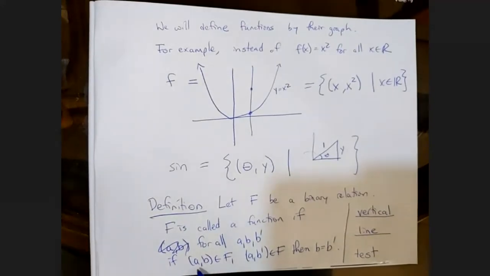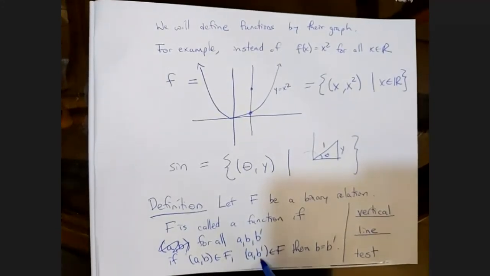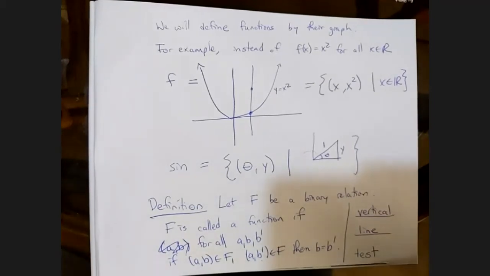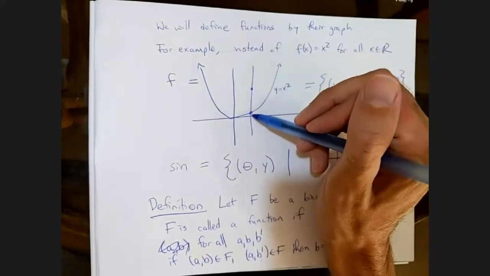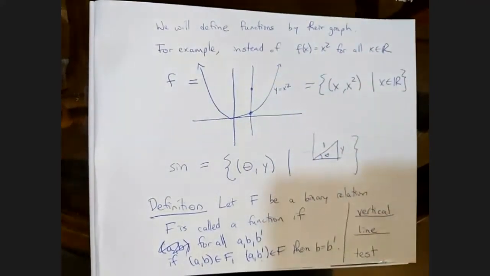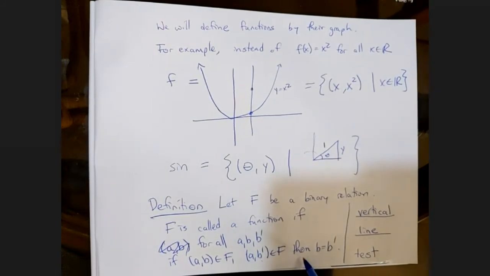Meaning that if I have two possible definitions of f of a, well, they have to be the same definition. That's what the vertical line test is saying. It also says something else too, but let's not worry about it. This is just the vertical line test translated into our language.